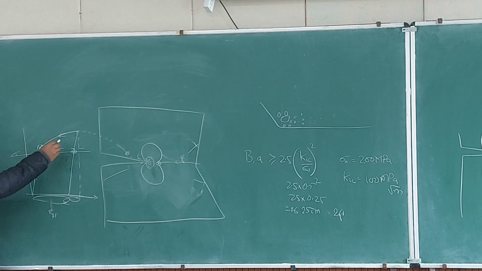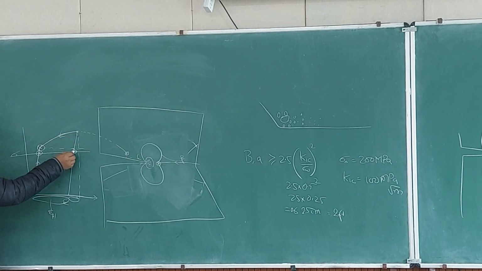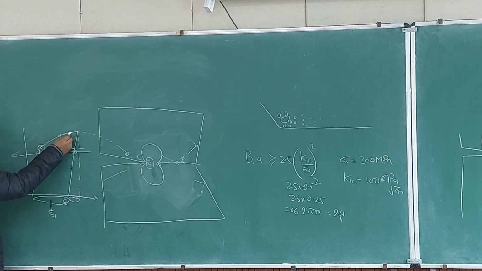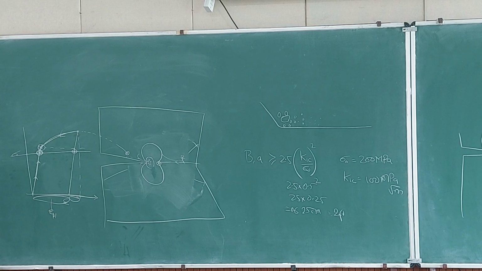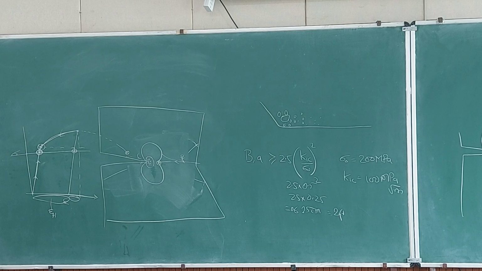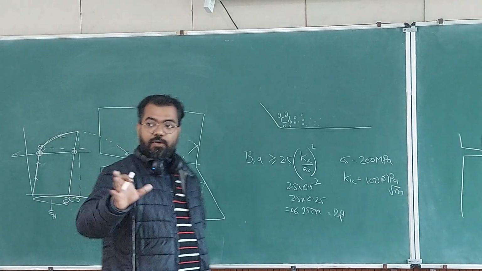If I unload, then also for the same amount of unloading, I will come back to this path and I will get this much strain only using that equation. So that equation is defining a non-linear elastic material. The constitutive relation for that is called deformation plasticity. Just a name. Okay. So now your problem is solved.